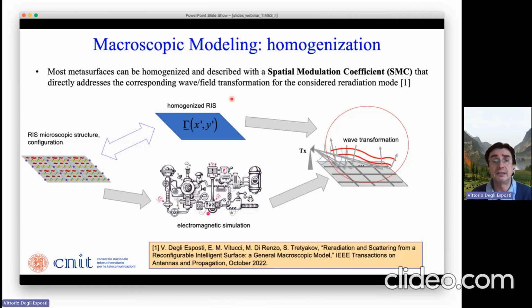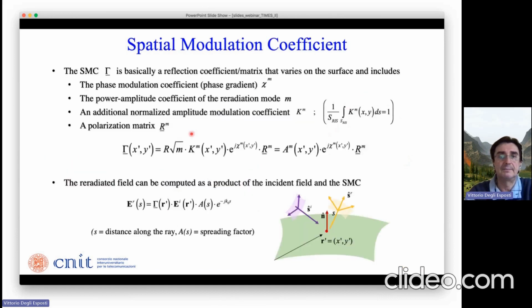So, of course, this gamma needs to be determined based on simulation, measurements, or theory for a given RIS. So the spatial modulation coefficient includes several parameters. For example, the phase modulation parameters, k_m, which also determines the so-called phase gradient of the metasurface, but also an amplitude coefficient of the considered re-radiation mode that determines the amplitude of the mode.